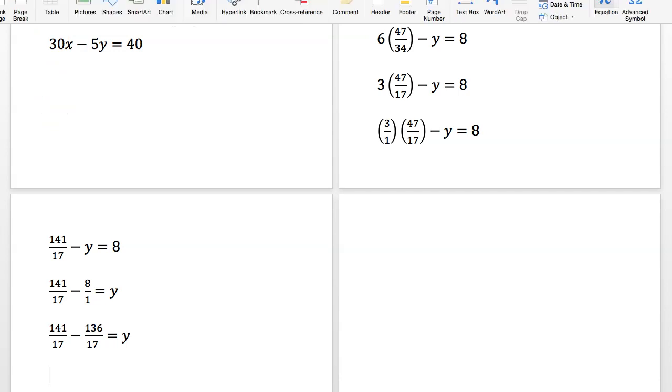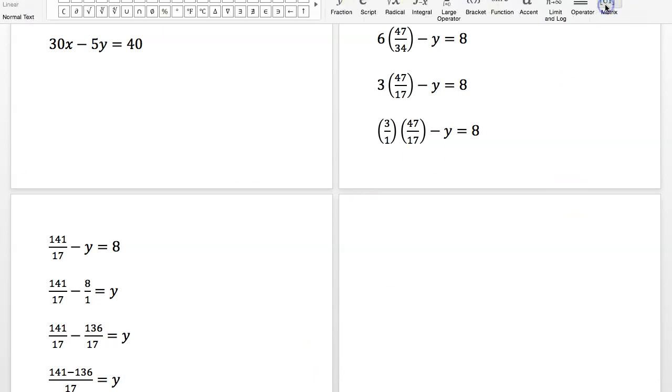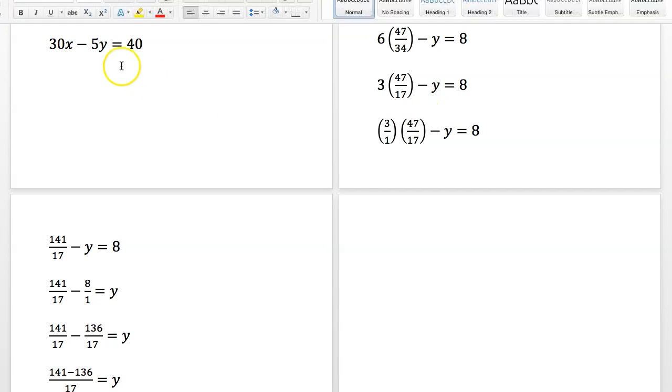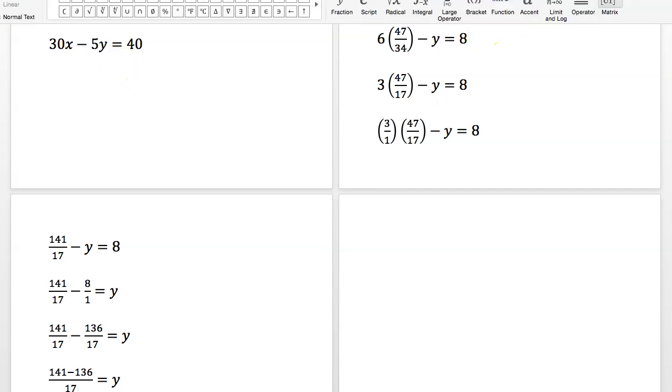We don't mess with 17, but we do 141 minus 136 over 17 equals y. So that's 5 over 17 equals y.